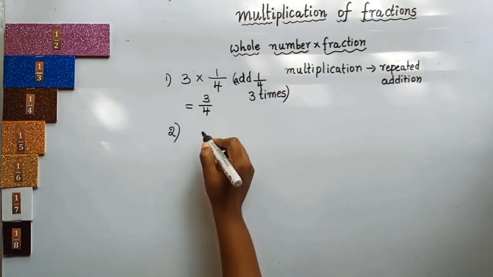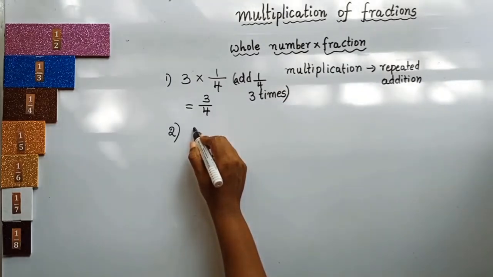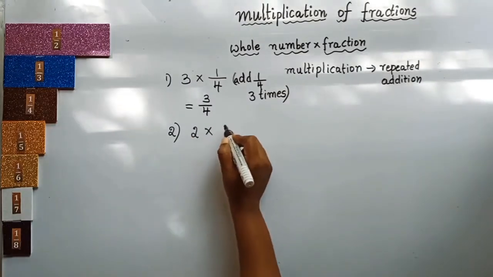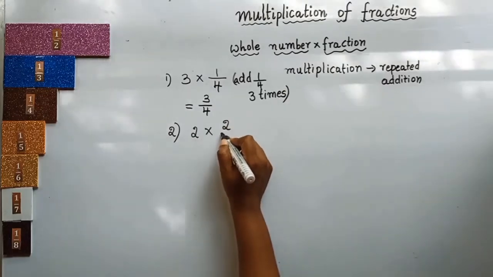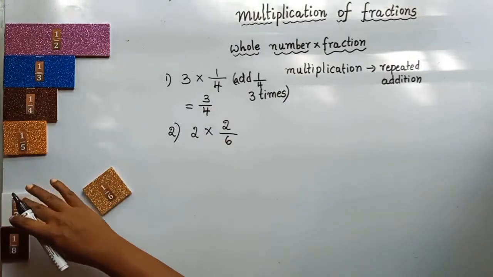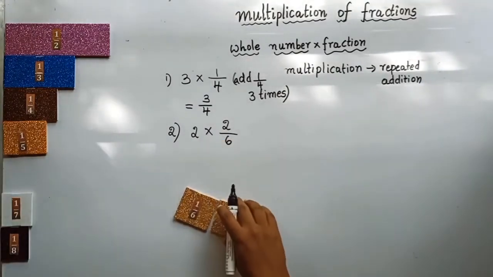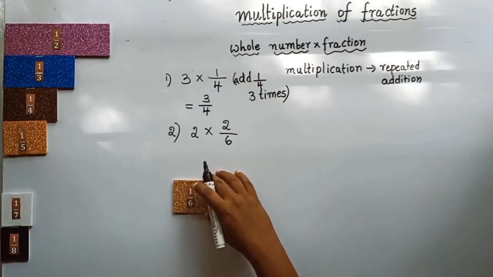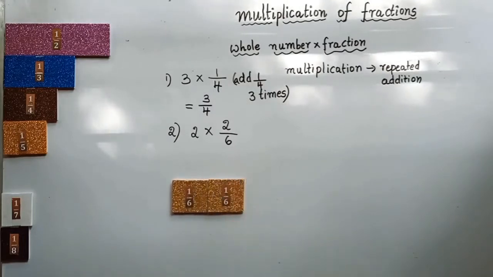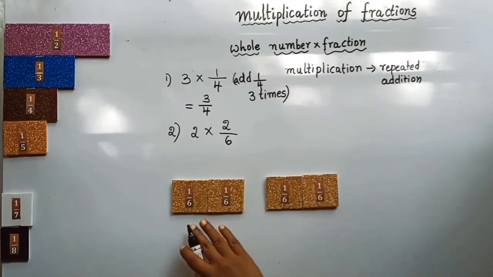See another example. Two into 2 by 6 means we have to add 2 by 6 2 times. 2 by 6, 2 by 6.